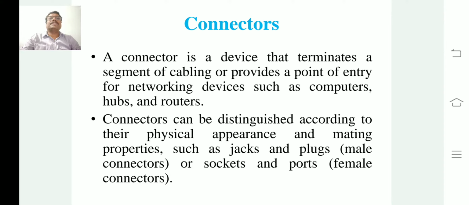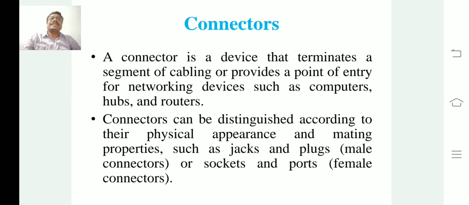There are different types of connector shapes, that we are going to study one by one. A connector is a device that terminates a segment of cabling or provides a point of entry for networking devices such as computers, hubs or repeaters. It also provides the entry point for networking devices.